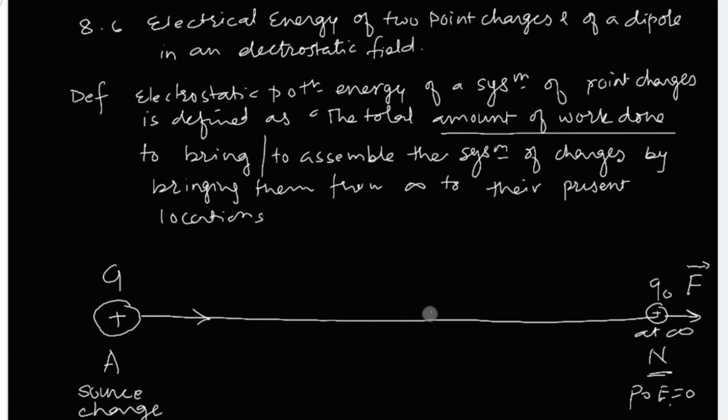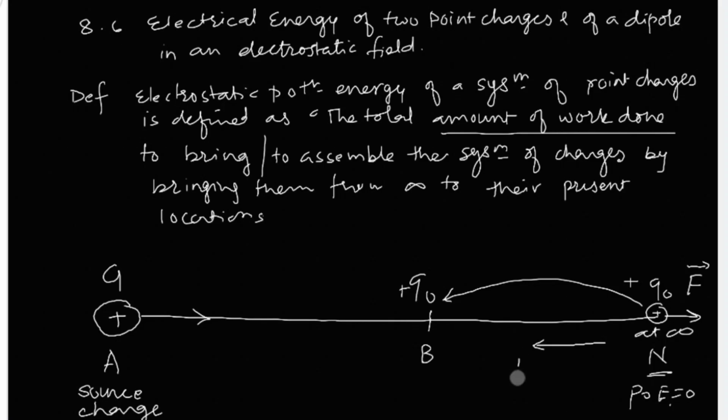Now we are bringing this charge from infinite distance to a finite distance. Let us consider this is the position B, where we are bringing this charge from infinity, the same positive test charge. When we bring this charge from infinite distance to this, work is done, because we are displacing it against the force.